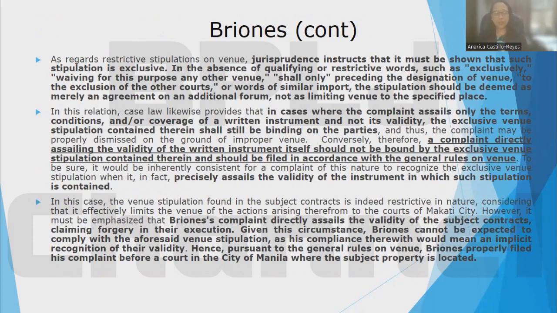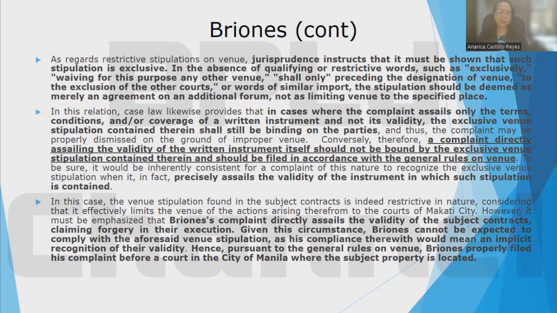Jurisprudence instructs that the stipulation must be exclusive. So in the absence of restrictive words such as "exclusively" or "waiving for this purpose any other venue" or "to the exclusion of other courts," the stipulation should be deemed merely as an agreement on an additional court.